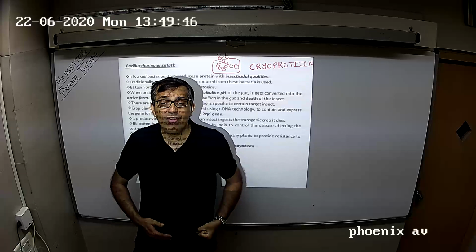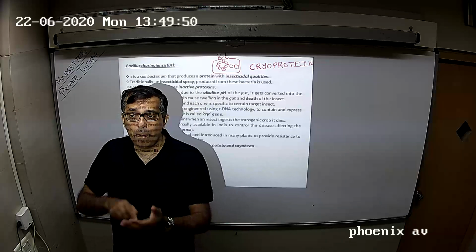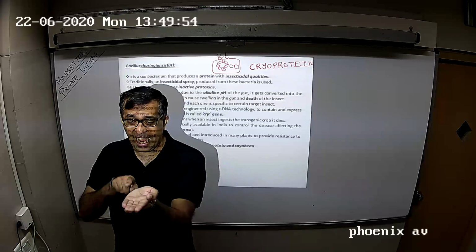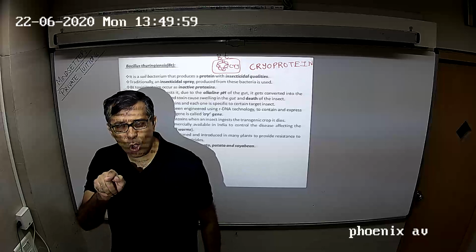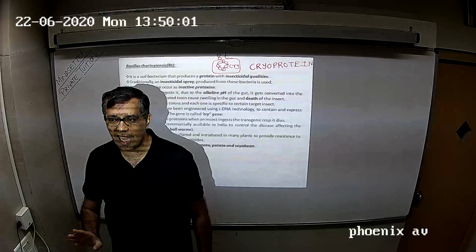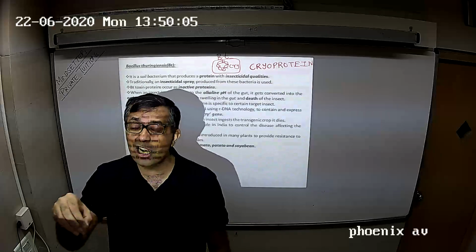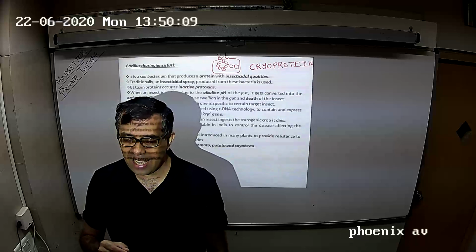There will be severe nutritional deficiency in the bollworm, and the bollworm, because of holes in its intestine, because of cryoprotein, will fall off the leaf and die. तो लीफ के ऊपर bollworm survive ही नहीं कर सकता है, and we have made this plant become resistant to the bollworm. तो हमने क्या किया?